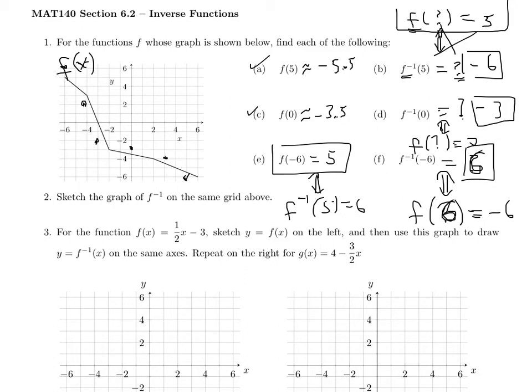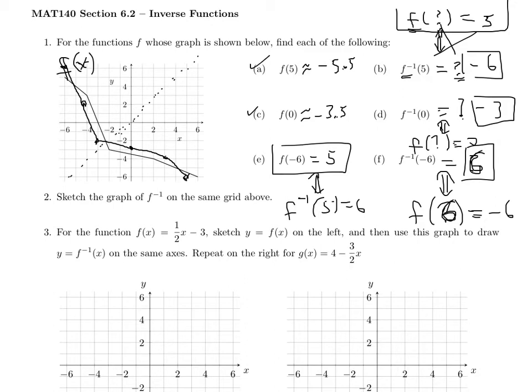And so those are the sort of corner points, the sort of zigzaggy points, and so I should be able just to kind of draw the thing that goes through those like that. That's not very good. It's not very straight. But the idea is that it should look like a mirror image of the original about this dashed line.